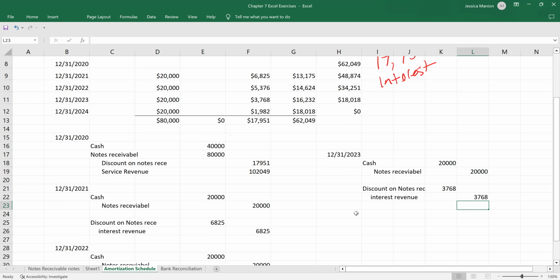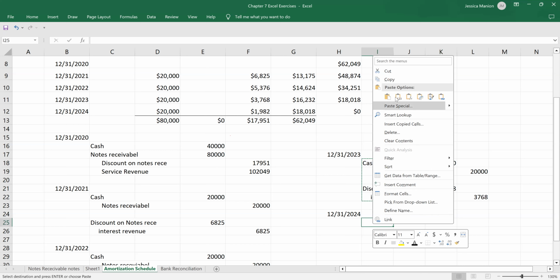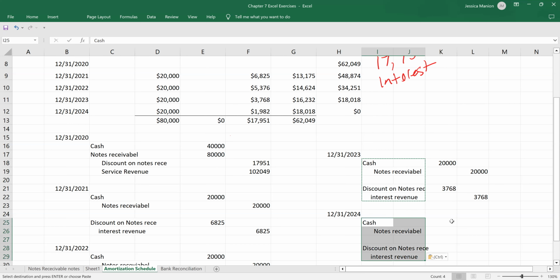And then the last year, December 31, 2024. Again, very similar transactions. We still have the debit to cash for 20,000 they're paying us.